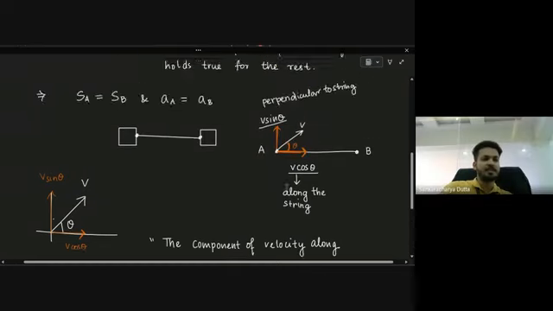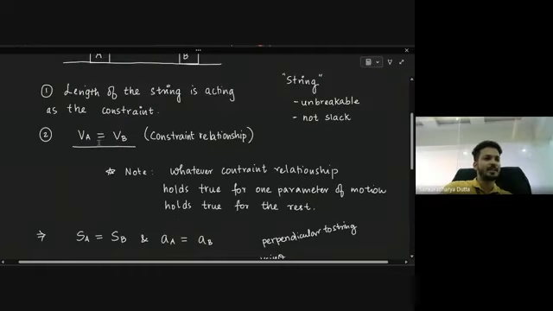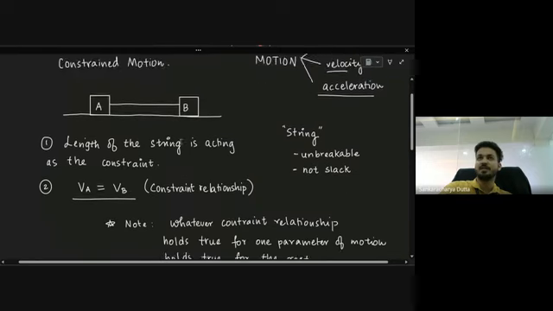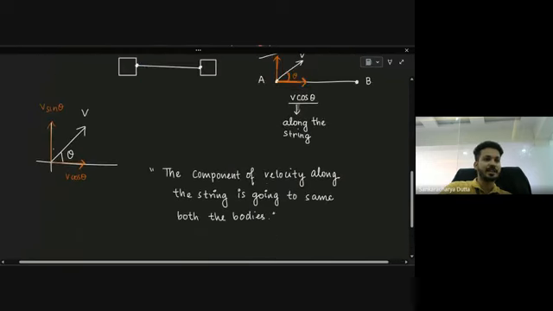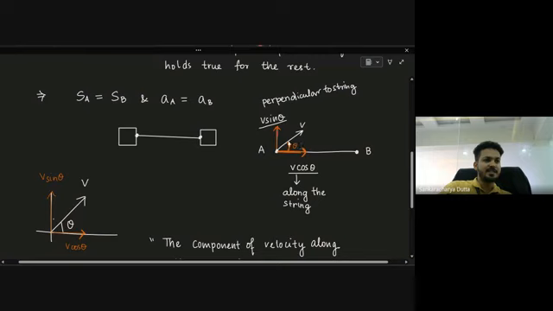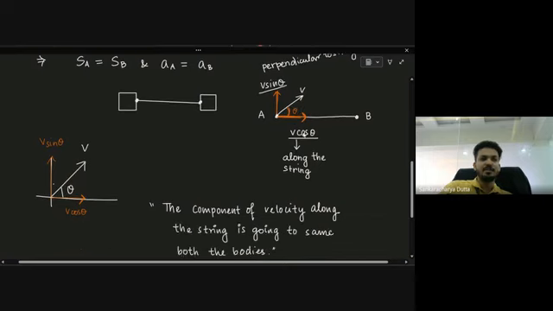No, VA equal to VB was not the ultimate constraint relationship on a string. That's why we are doing this kind of analysis. This analysis showed us that V sine theta is not going to have any effect on the length of the string. So when you say VA equals VB, you're also implying that V sine theta should also be equal.